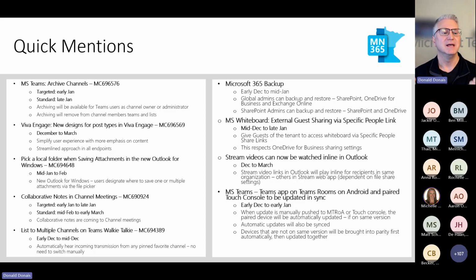The caveat is they have to be at the right level for that to happen. So if you have two different apps, one on the MTR OA and one on the touch panel, they have to be the same version for it to get up there, right? So it will actually do some of that updating for you. If the panel has to get updated, it will update the panel, and then it will make sure it updates both of those. So keep that in mind.